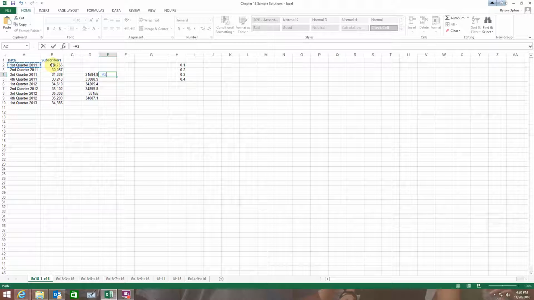Shoot. Parentheses, this times 10% plus this times my 20%. Again, I got to keep putting my parentheses in here because I'm mixing up pluses and multiplications, plus this one times 30%.